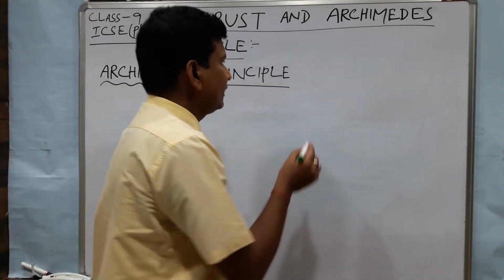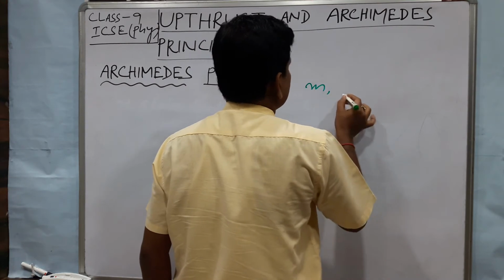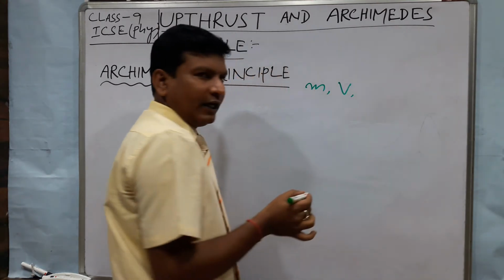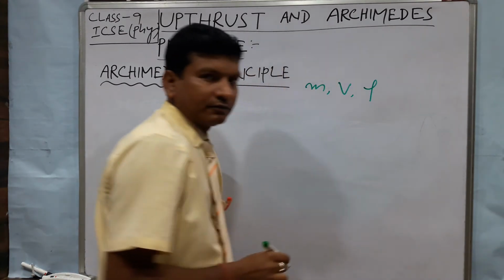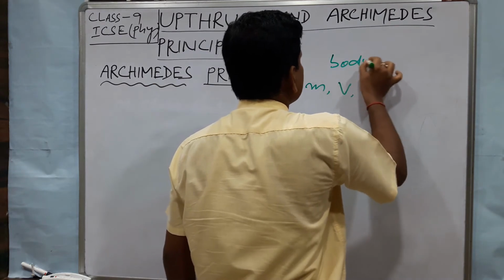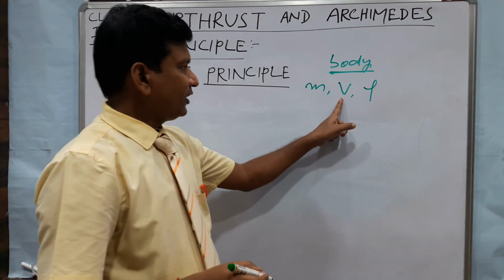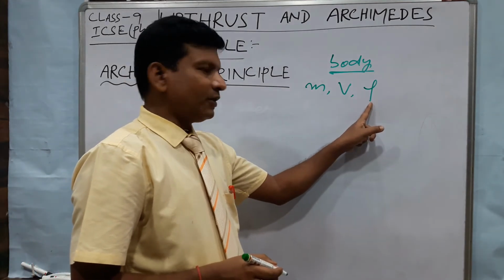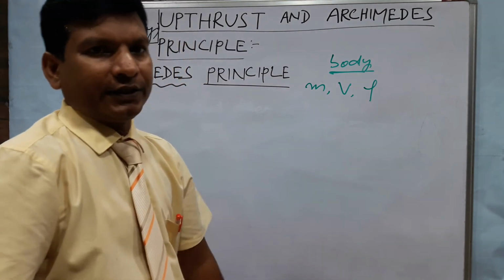Let us consider a body of mass m and volume V and having density say rho. Let us consider this is a body. The mass of the body is m, the volume of the body is V, and the density of the body is rho, which is immersed in a liquid.